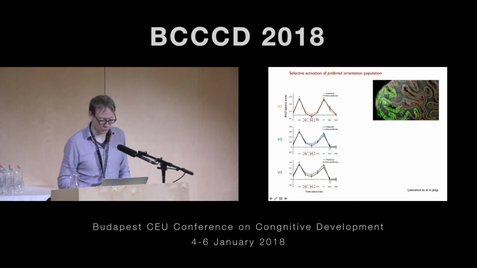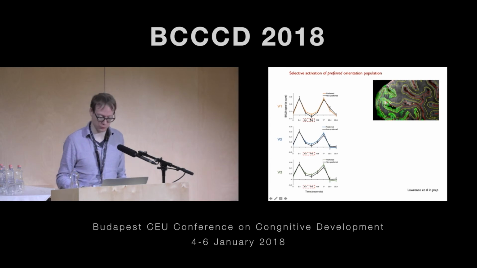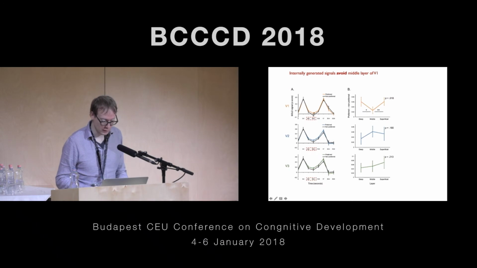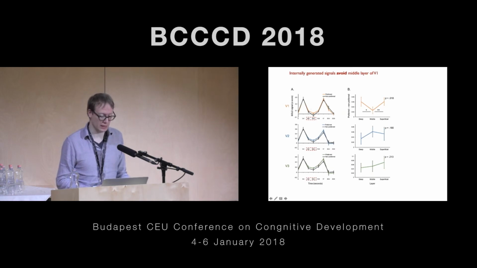And then, of course, the interesting question is, which layers are actually activated by that internal representation? So here, what I'm plotting on the right is the difference between the preferred and the non-preferred, so the stimulus-specific activity in this delay period for those 3 different regions.